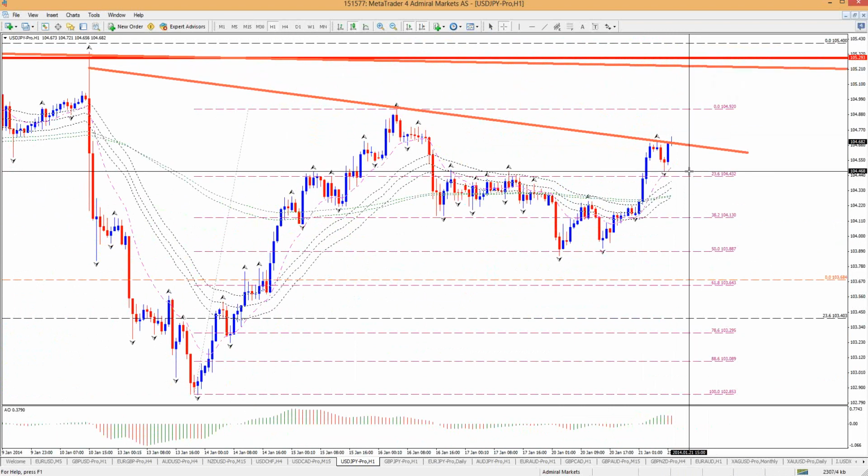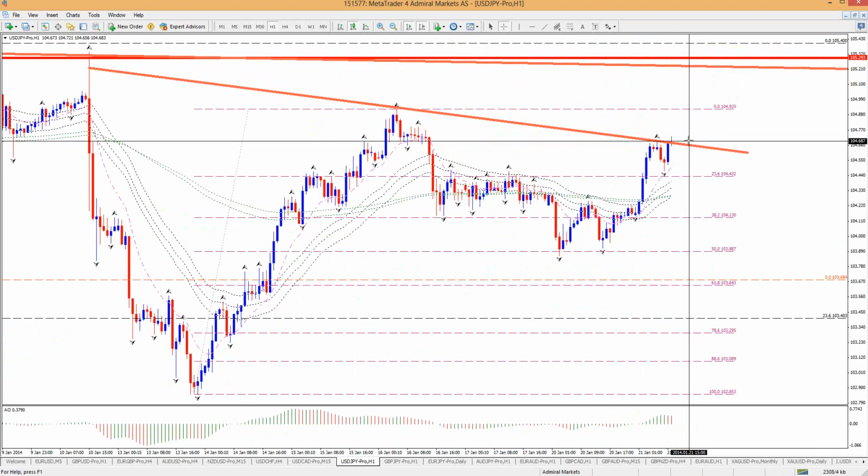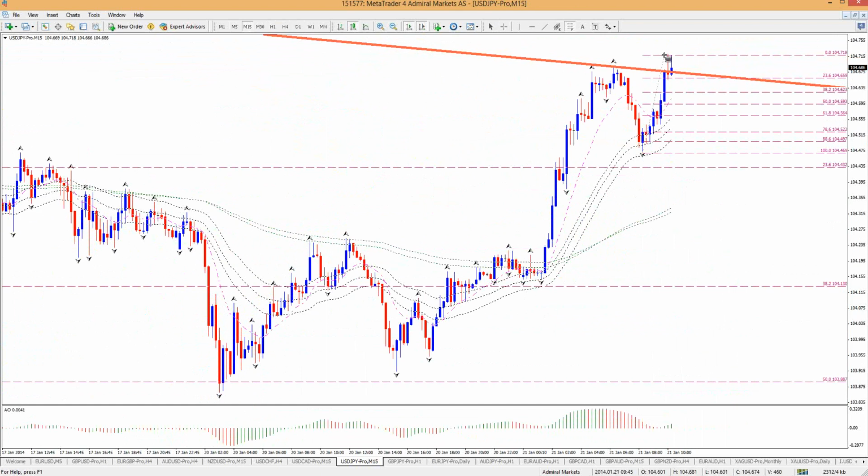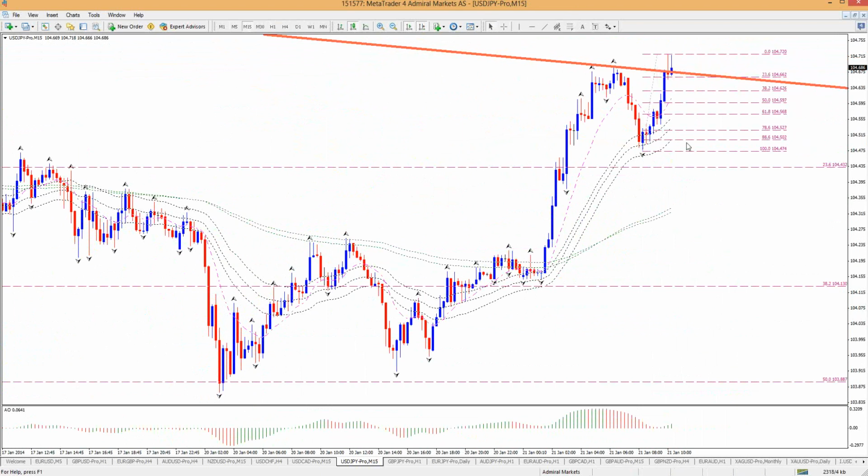Not bad, in fact, not bad. It's possible. Maybe waiting for a retrace to the 50 would reduce the risk and increase the reward. 104.60, that could be interesting. Let's keep an eye on 104.60.